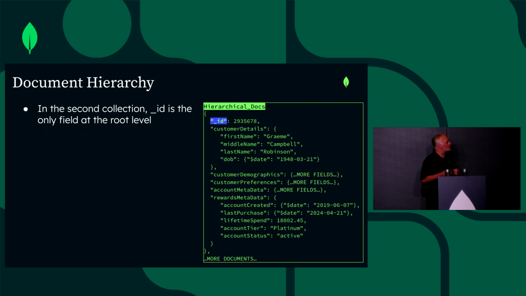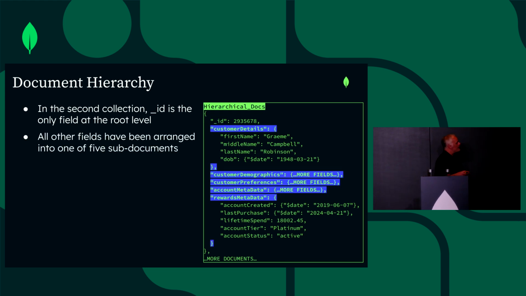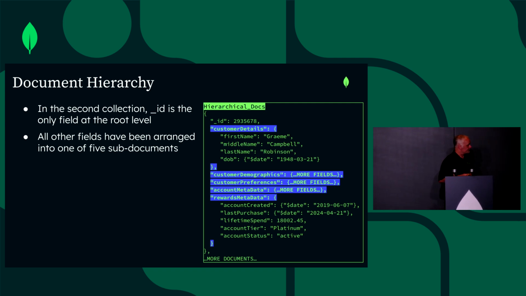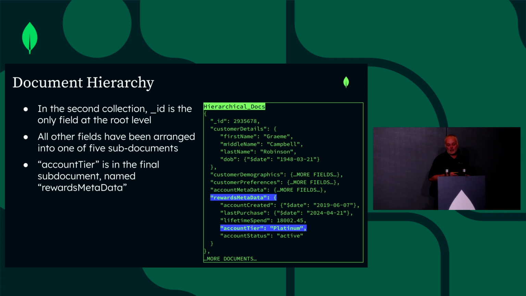In the second option, we're going to add some structure. So the only scalar at the top level is underscore ID. Then we've got embedded objects for the customer details, etc. And the information or the field we actually want to filter on is within the rewards metadata object, and it's the account tier.